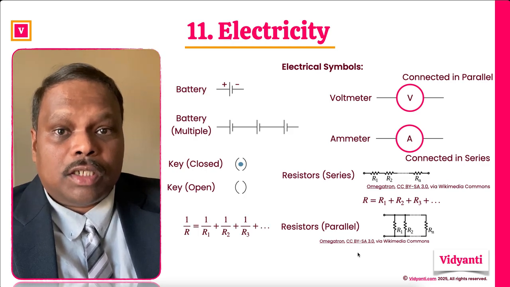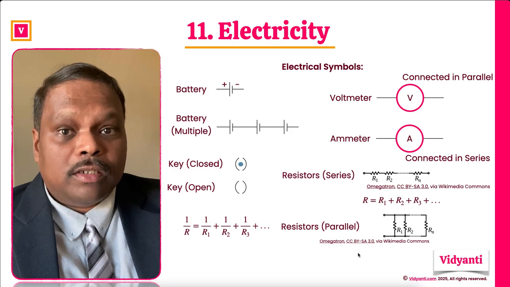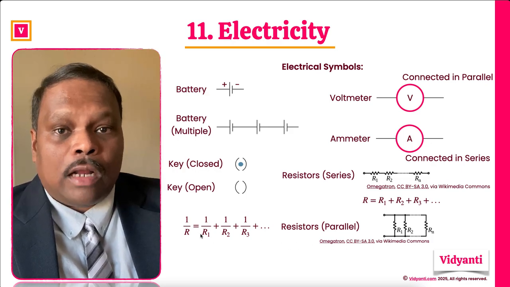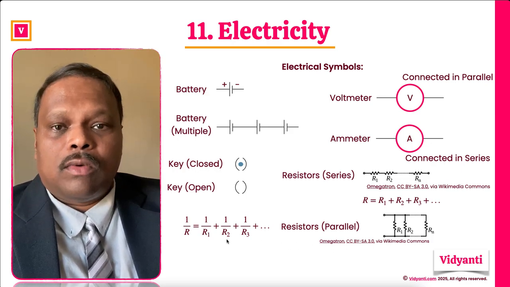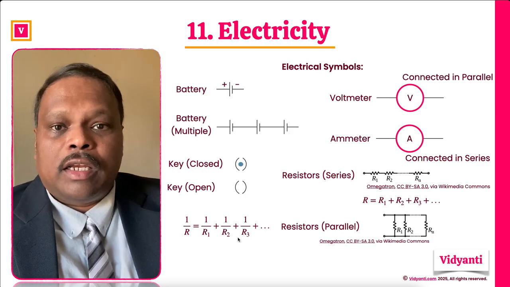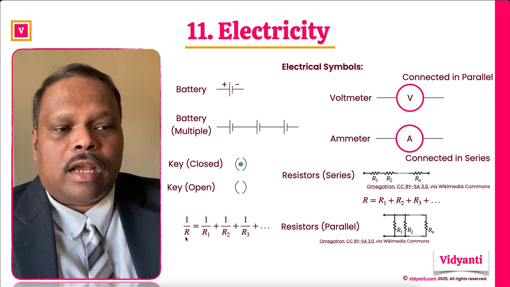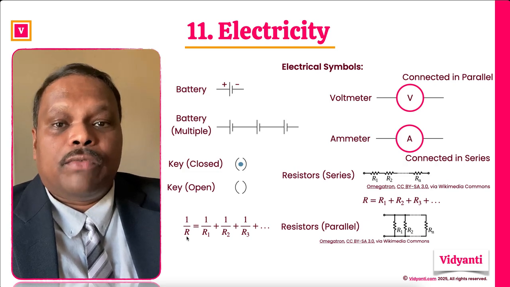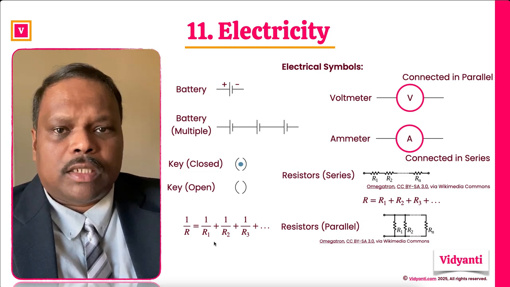In parallel combination, the effective resistance of the parallel combination is given by 1 upon R is equal to 1 upon R1, plus 1 upon R2, plus 1 upon R3 added together. Remember, R1, R2, R3 are the individual values of the resistances, and R is the effective. Now here, many people make mistake.